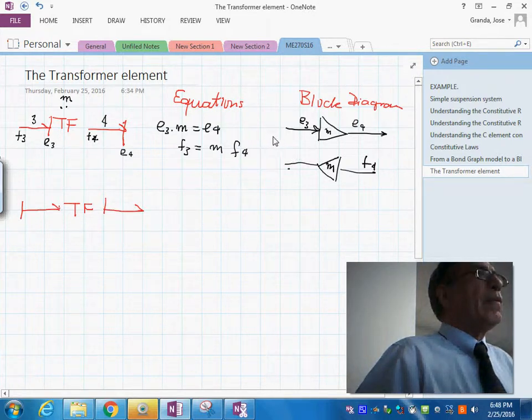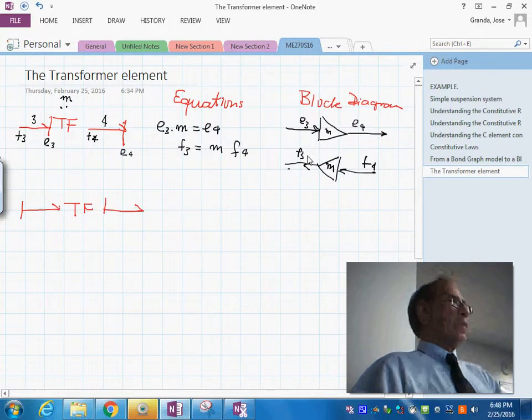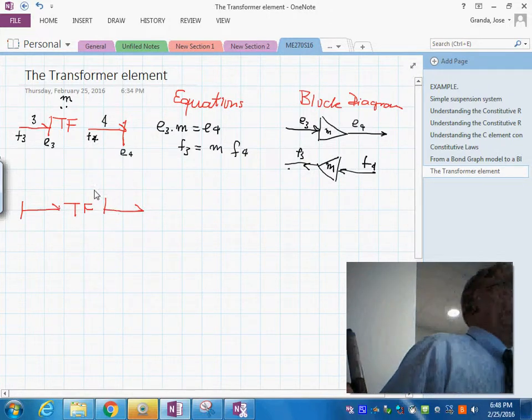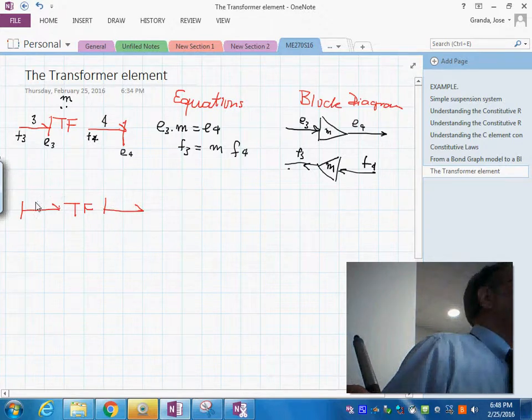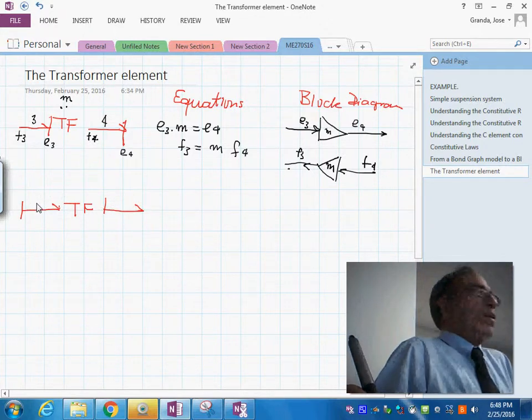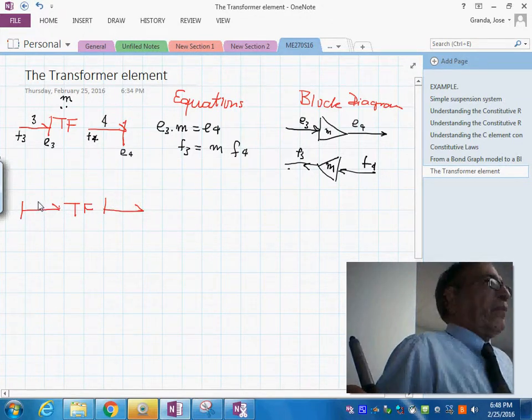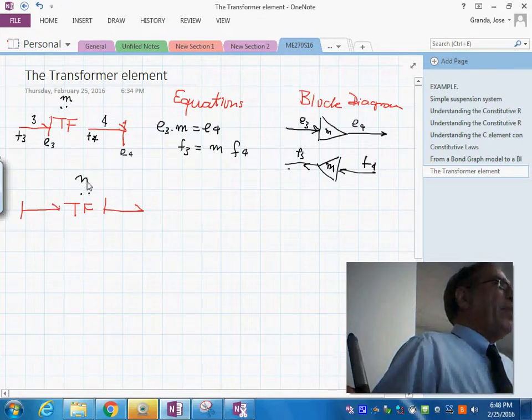Okay, if you have the other one over here, I'm going to call it M prime, to not get it confusing here. This is F sub 3, and how are the equations here?